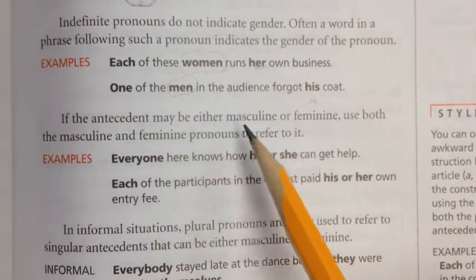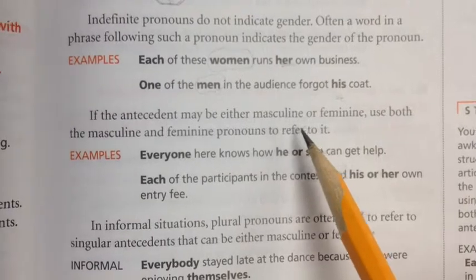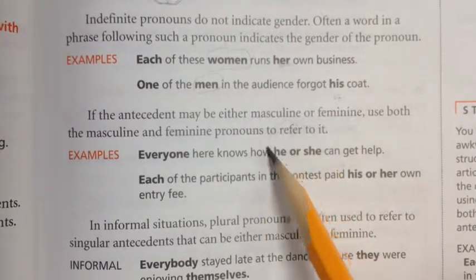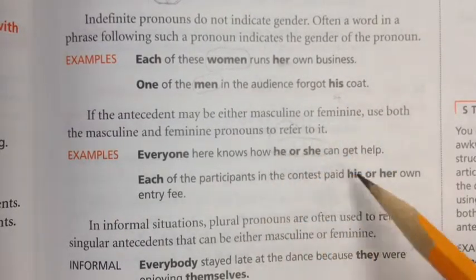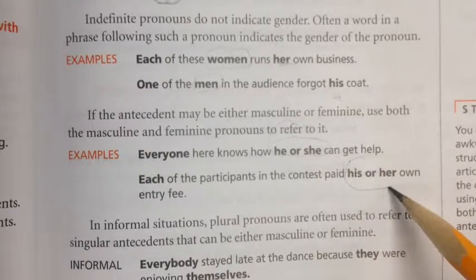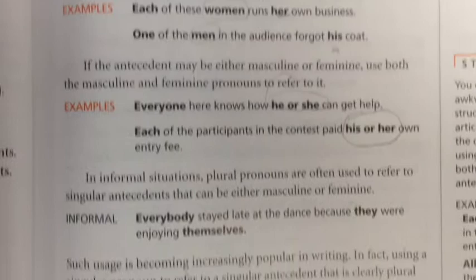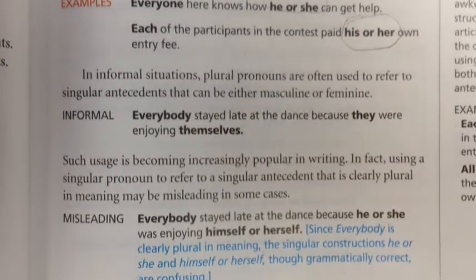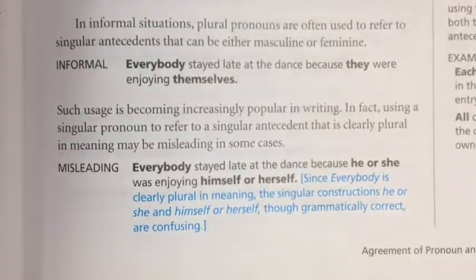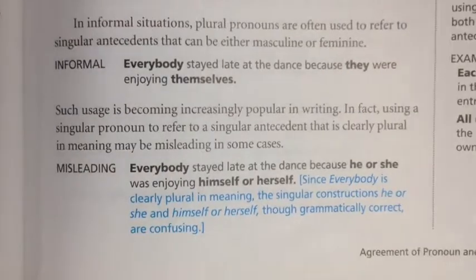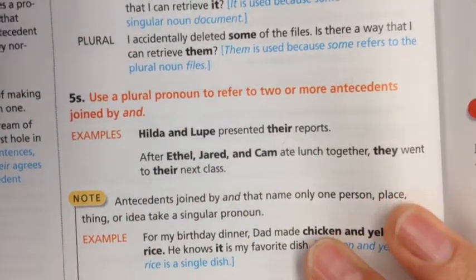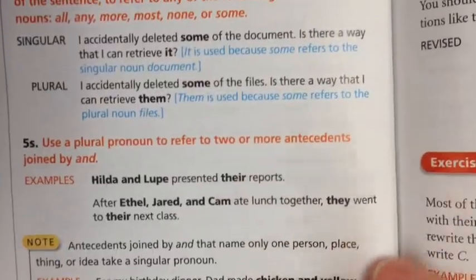If it can be either masculine or feminine because there are no clues, then you have to say he or she, his or her, or rephrase the sentence without the indefinite pronoun. Here it gives you informal situations where people use they. That's not preferable, so please try not to use they if you mean he or she.